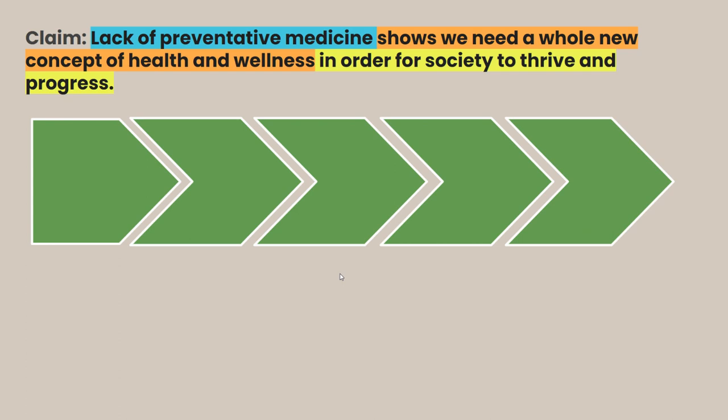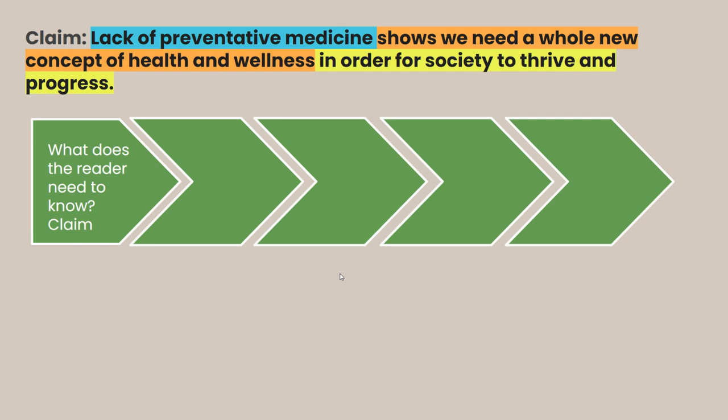The lack of preventative medicine shows we need a whole new concept of health and wellness in order for society to thrive and progress. This type of claim talks about why somebody should care about this particular issue. In this introduction, I'm going to prepare my reader for what they need to know to understand my argument.